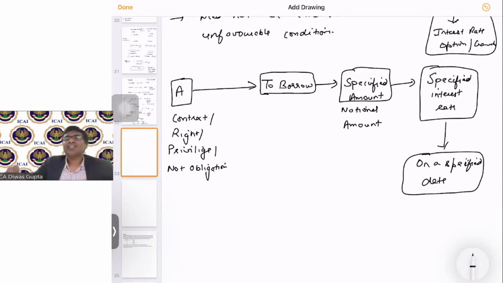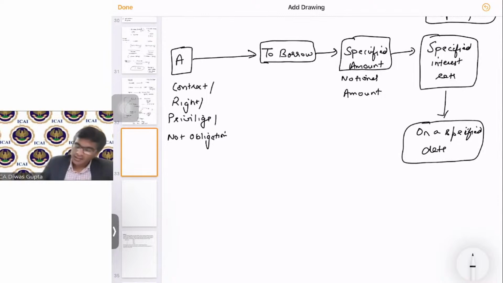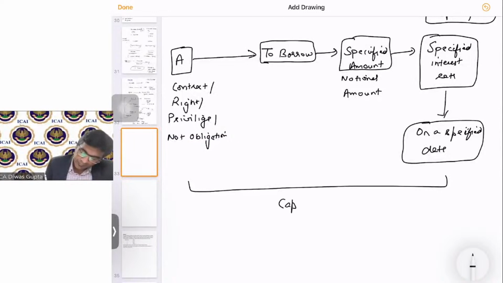So on this specified date, what amount needs to be borrowed at what rate? This is my cap option. Why is this called a cap option?